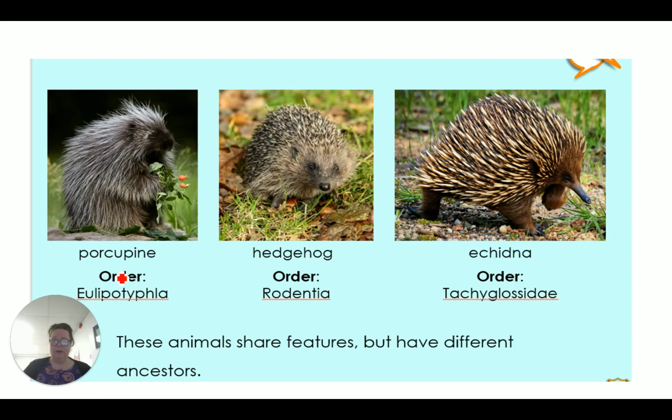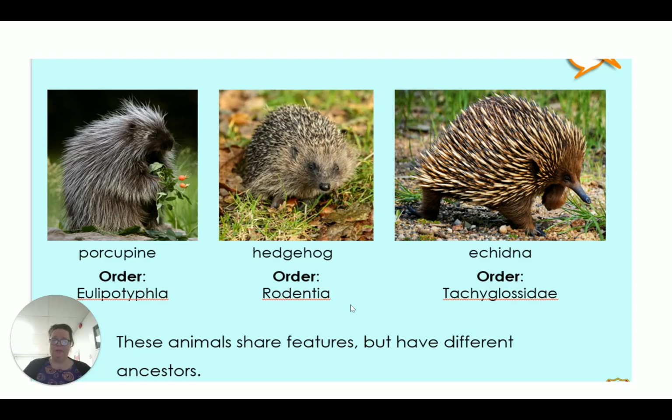This one is Eulipotyphla, Rodentia, and Tachyglossidae. Okay, we've got some big words, don't worry, you don't have to remember them. But they all have different ancestors, and they're a very long way apart in terms of taxonomy. So when we look at DNA, we can see that they're different.